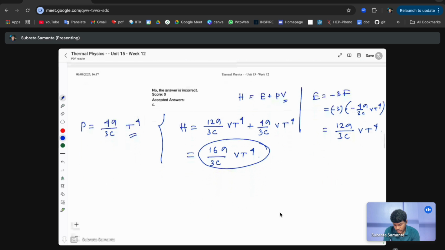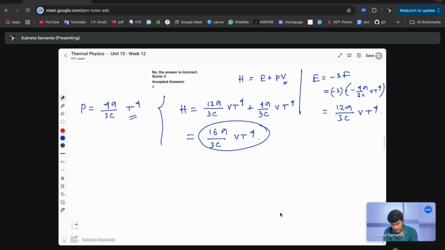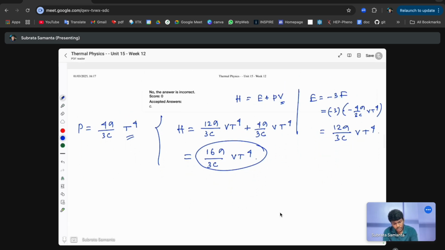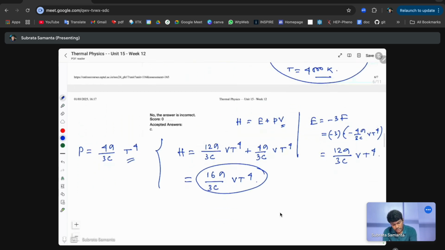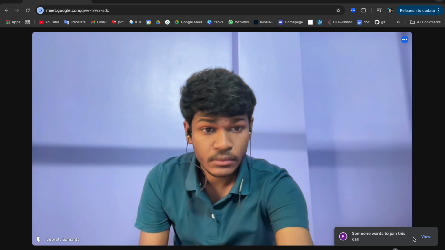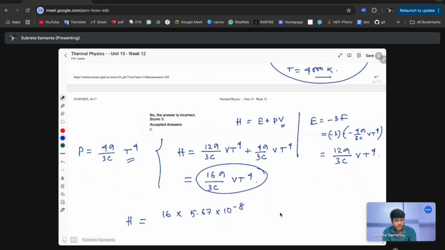The next part is that you just plug in the values, because we know V and T. So H is 16 times sigma, which is 5.67 times 10 to the power minus 8 in SI units, watt per meter square per Kelvin to the power 4, and your volume V is 5 liters, so 5 times 10 to the power minus 3 meter cube.